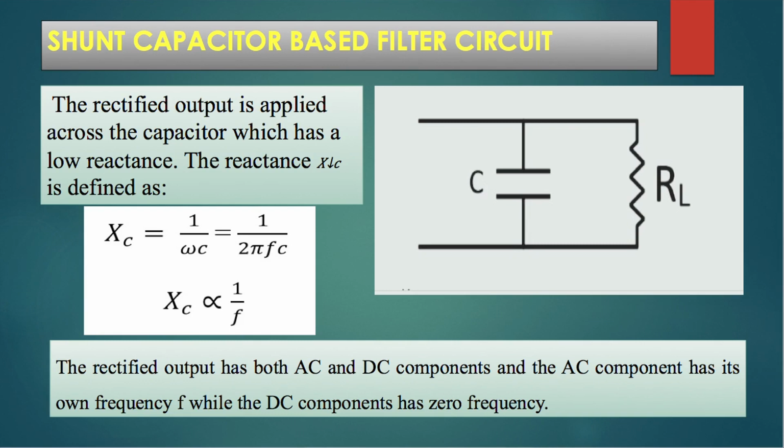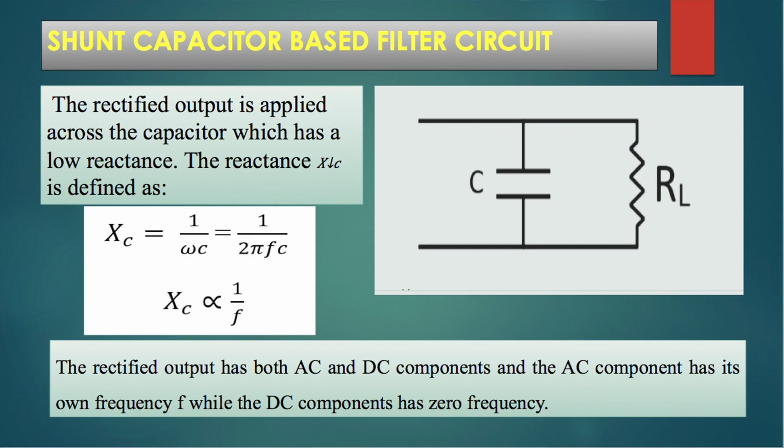Hence we have Xc equal to 1 by 2 pi fC. And since we are considering a constant capacitor in this circuit, keeping the constant aside, we can write that Xc is proportional to 1 by f, where f is the frequency of the current, and it is inversely proportional to the reactance for a given capacitance C.